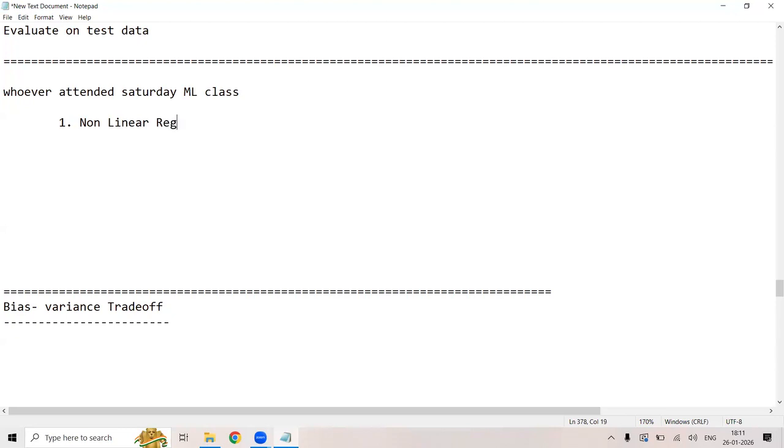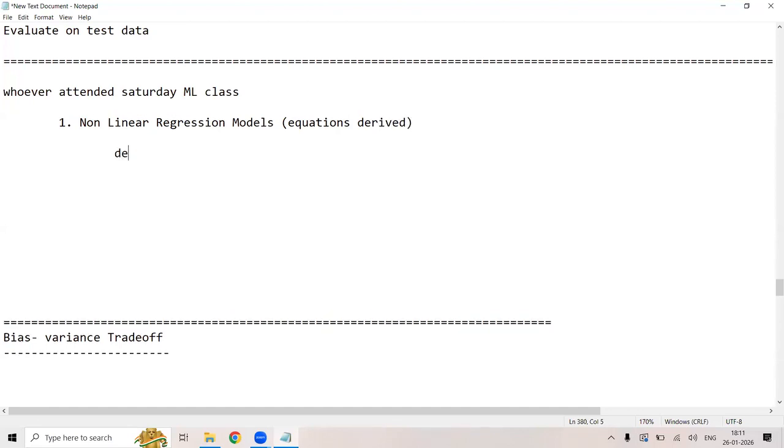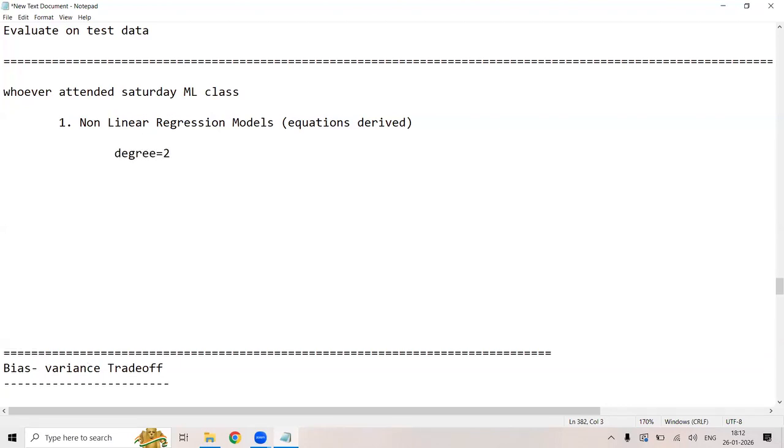What are nonlinear regression models? Particularly their equations, and how the equations are derived. This is the first thing we discussed, where we derived for degree 2, degree 3, right? We derived for the different ones.